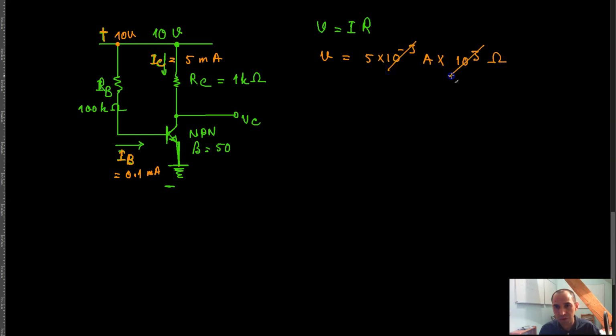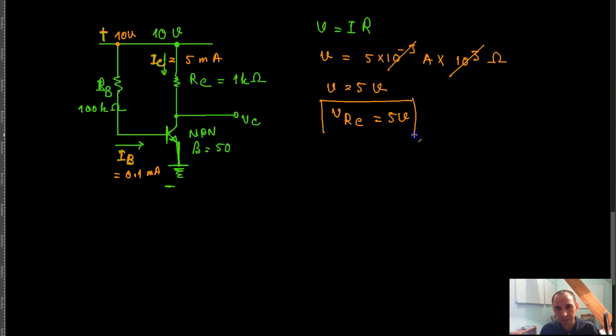And these two will be cancelled out. You have 5 volts, right? V is equal to 5 volts. That means that there is a 5 volt voltage drop across this resistor, meaning that V of R of C is equal to 5 volts.